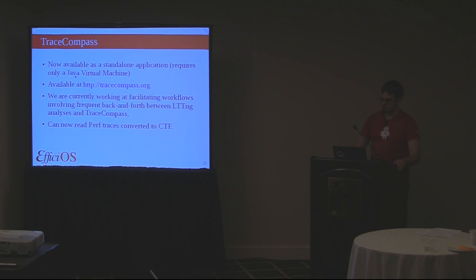So we are currently working with the TraceCompass team to facilitate the workflow of back and forth between LTTng analyses and TraceCompass. The workflow we have in mind is that you have a problem to tackle, you want to investigate an issue. TraceCompass is very good at showing very detailed information about a short time range, but it does not necessarily provide as high-level information as the LTTng analyses do.